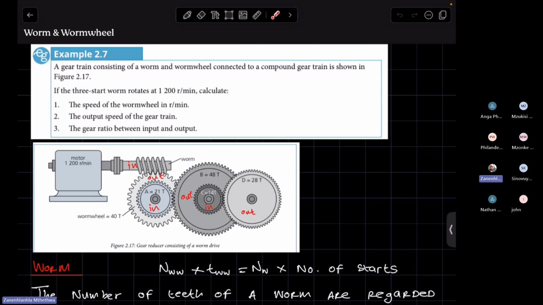So if you're asked to calculate the gear ratio, velocity ratio, or mechanical advantage of a gear system, that is essentially one and the same thing. So to increase the gear system's gear ratio, we make use of a worm and worm wheel system. So essentially you will have the compound gear train, and then attached to it, you would attach a worm and worm wheel system.